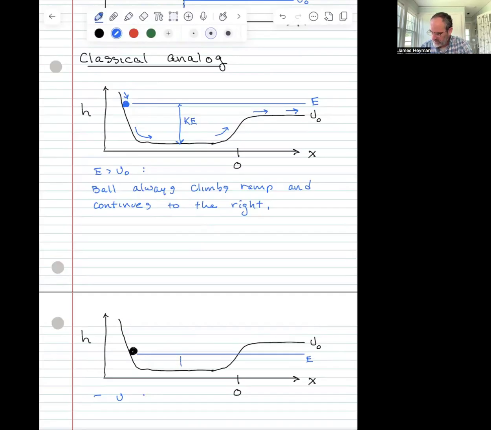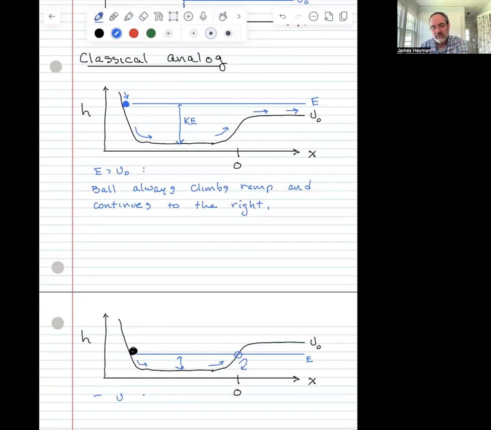Now at every point, its kinetic energy is still equal to E minus U, but you can see that as the ball rolls down the ramp and then starts to roll up the other ramp here at x equals 0, it's going to meet a point where the kinetic energy will fall to 0. And at that point, it's going to turn around. This point is called the classical turning point.